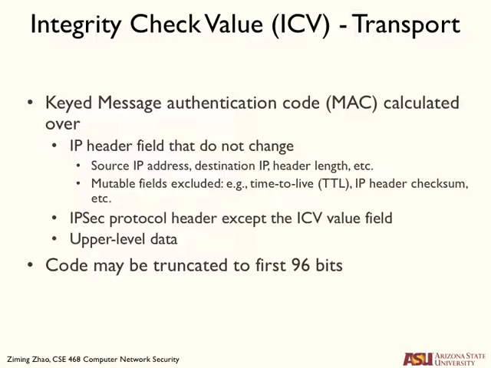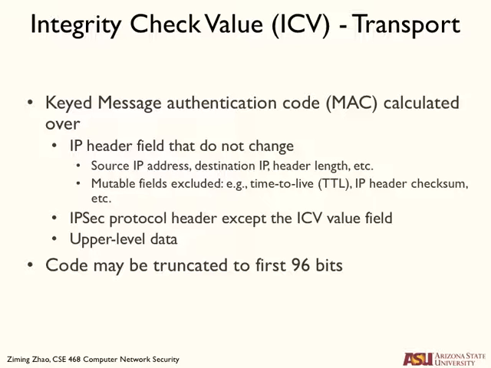So this integrity check value, like I said, is just a keyed message authentication code. So it will only calculate the parts that do not change, and also the upper layer data, which is the payload. And in the specs, imagine how long this message authentication code would be.